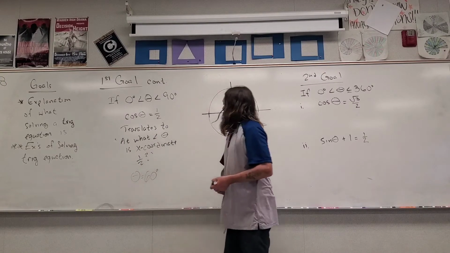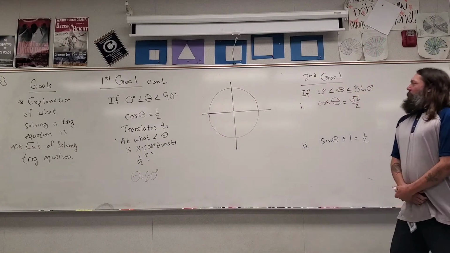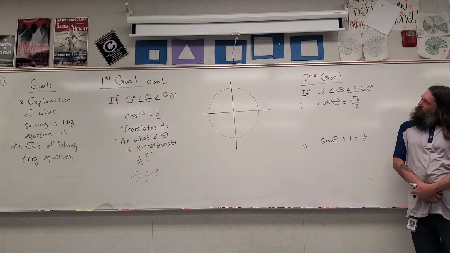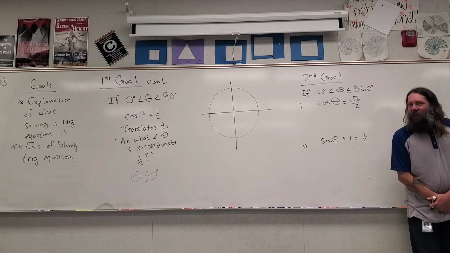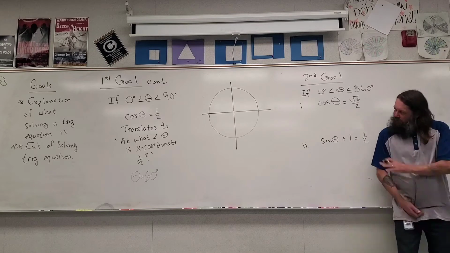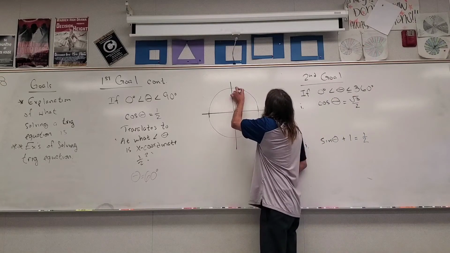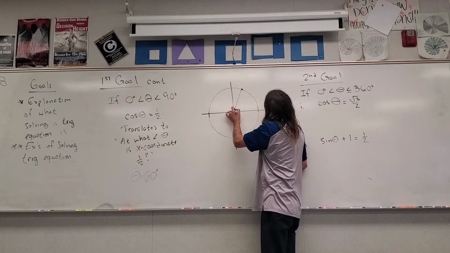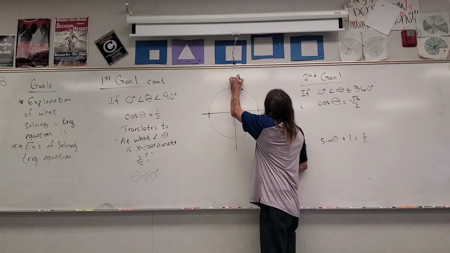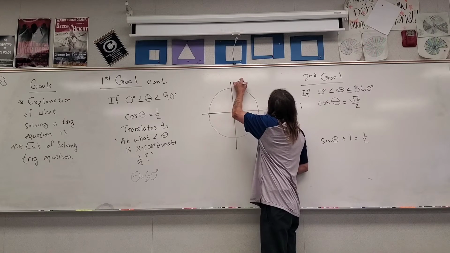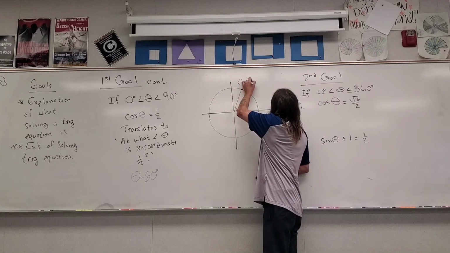Now, I have a second goal, which I'd like to work through and show you a little bit more about this. But let me jump right back here. Again, I know at 60 degrees, my ordered pair is 1/2, comma, square root of 3/2.